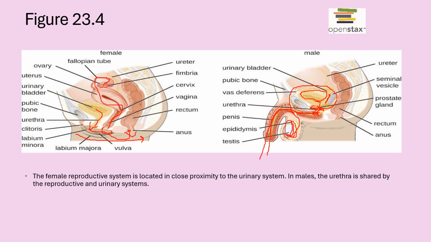Another thing to note in terms of the reproductive structures: notice that most of the female reproductive structures are internal. The majority of the male reproductive structures are external. Why is that important? Are you able to see symptoms of diseases, especially some of your sexually transmitted diseases?